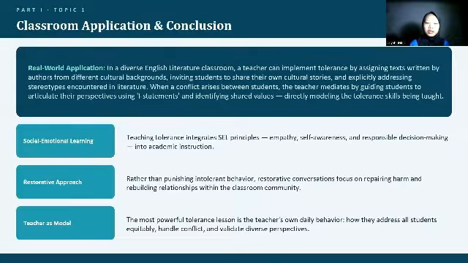When a conflict arises between students, the teacher mediates by guiding students to articulate their perspectives using I statements and identifying shared values, directly modeling the tolerance skill being taught.